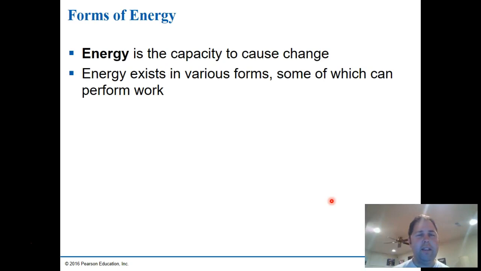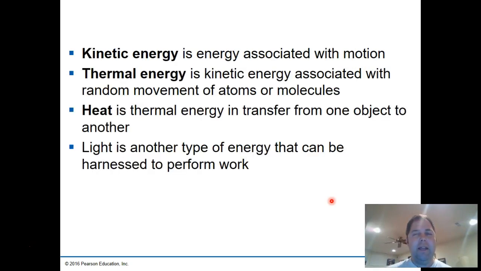So just to quickly take you through all of the different types of energy that you could be talking about in this class. Kinetic is energy associated with motion. Thermal is that kinetic energy associated with the atoms or molecules moving. If you think about liquid water going to water vapor, those water molecules start vibrating more quickly. They're moving more randomly because they have more kinetic energy.